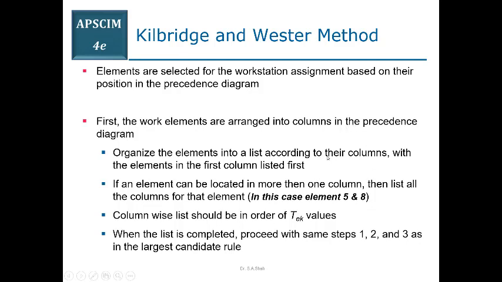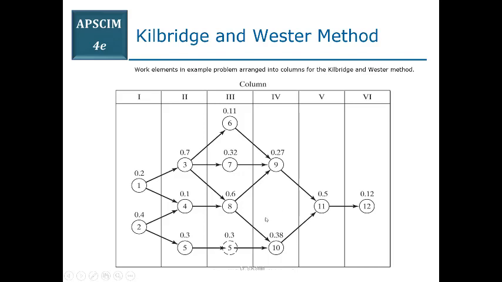इसमें भी जो arrangement है वो descending order में ही होगी TEK values की, but that will be column-wise distribution. So here, if an element can be located in more than one column, then you can list that particular element in multiple columns also, like this one.